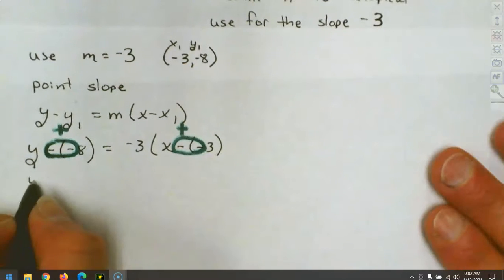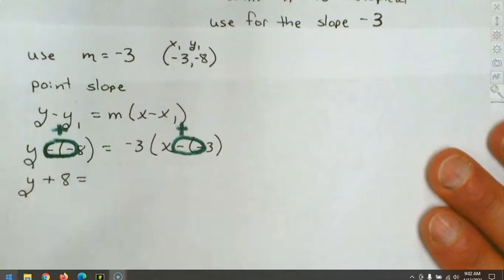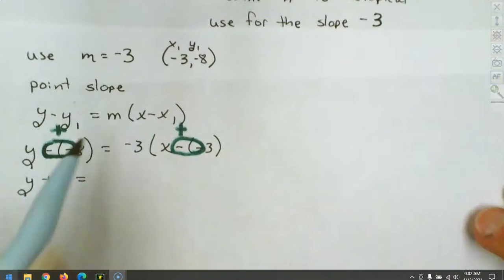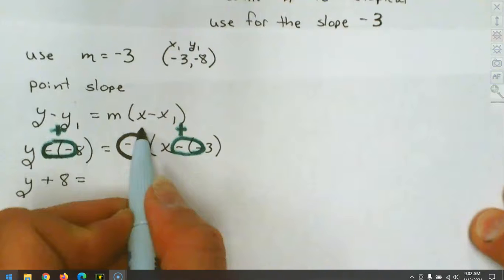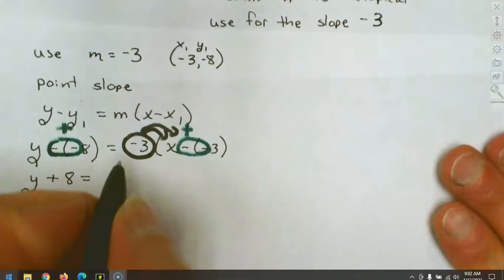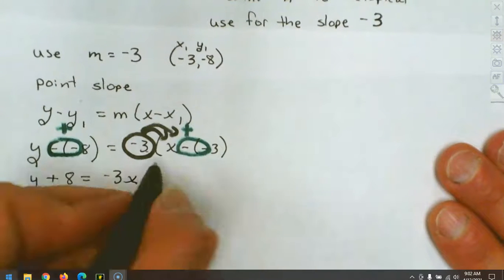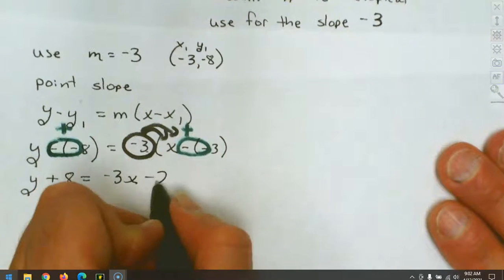So clearing out our double negatives, that's y plus 8 equals. Distributing through that -3, be careful with your signs. That gives you a minus 3x. Distributing through minus 3 times a positive 3, that gives you a minus 27.